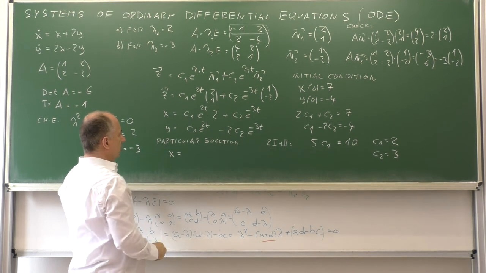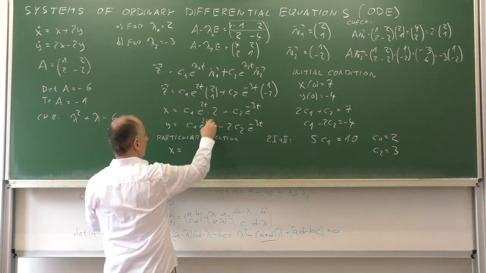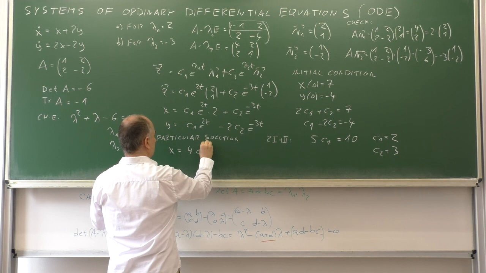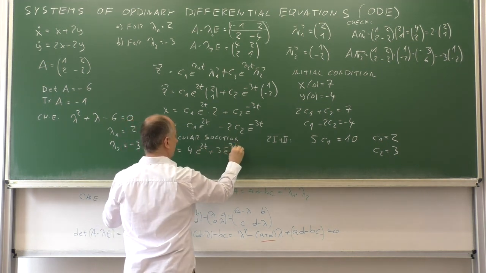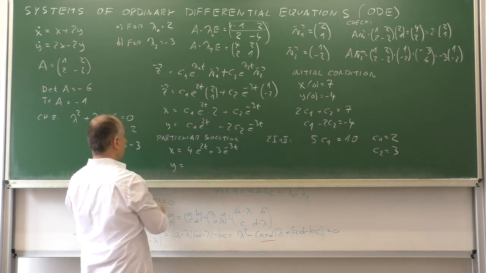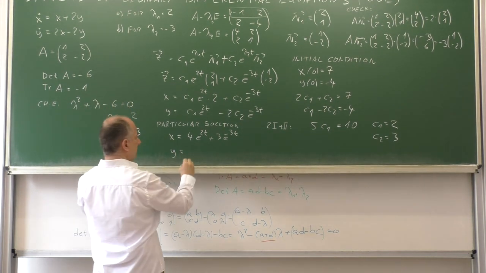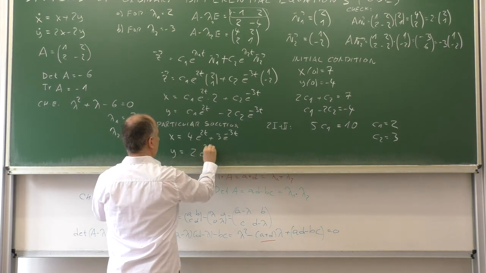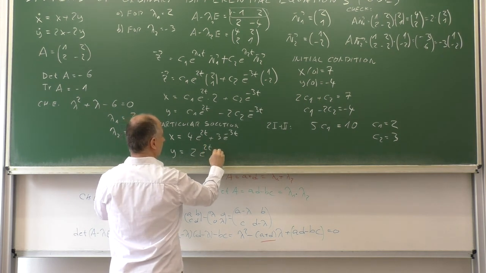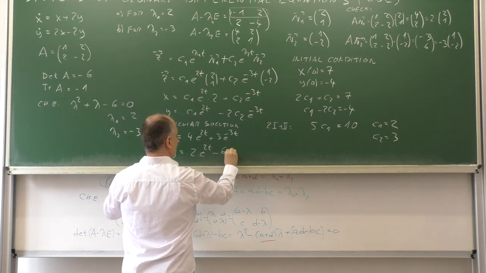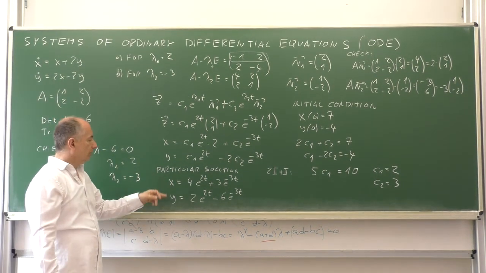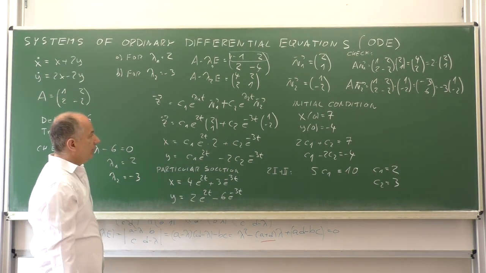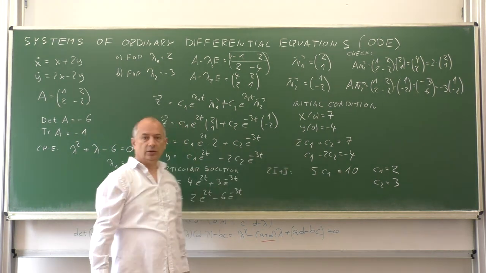Namely, x is C1, which is 2 times 2 is 4, e to 2t, plus 3 e to minus 3t, and y is C1, which is 2 e to 2t, minus 2C2, which is 6 e to minus 3t. So this is the particular solution to this system of equations satisfying this initial condition.